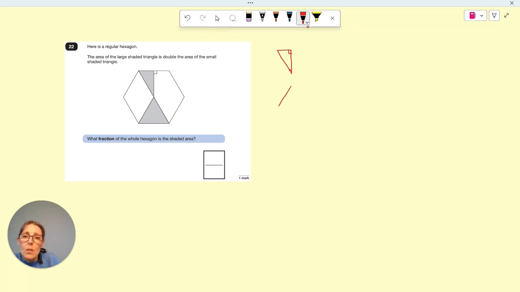And then this one. The area of the large shaded triangle is double the area of the small triangle. So we could say that's times 2 that way, and that's divided, oh no, that's not right. That's divided by 2 that way, possibly.